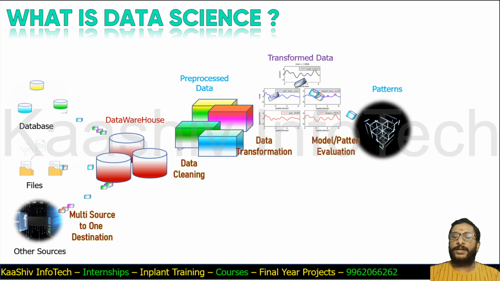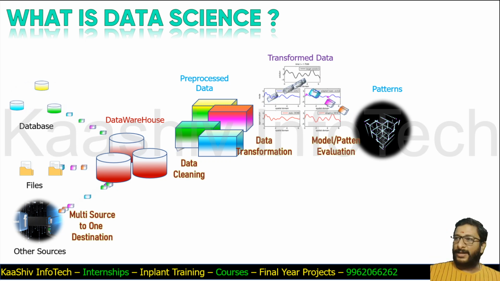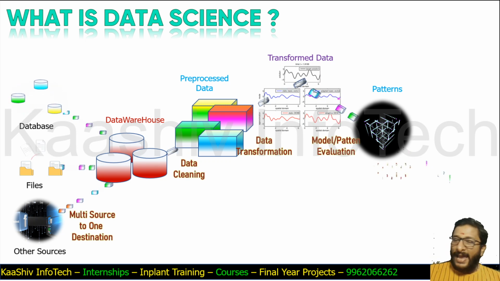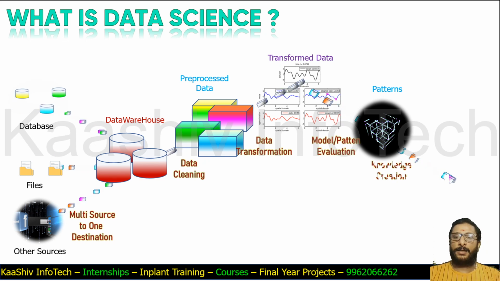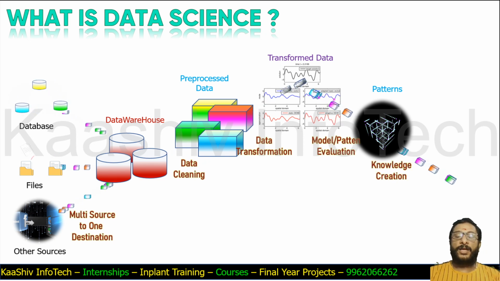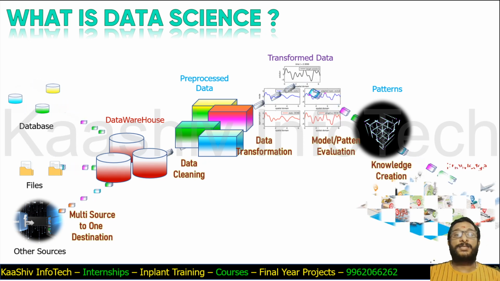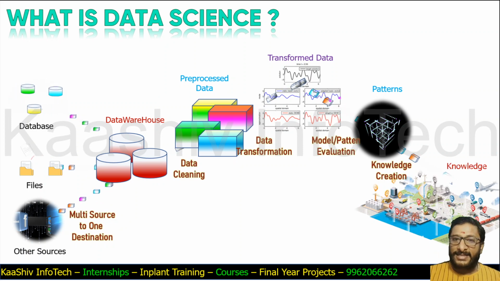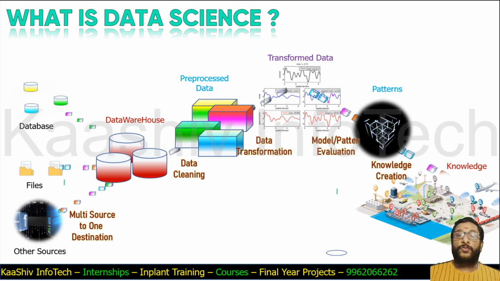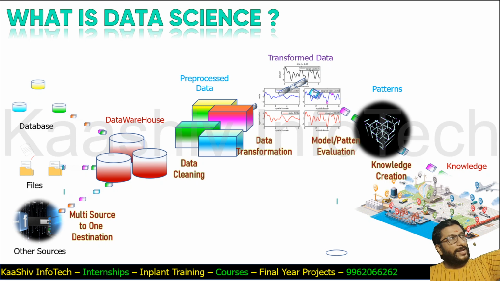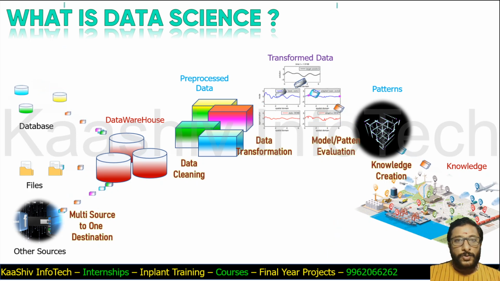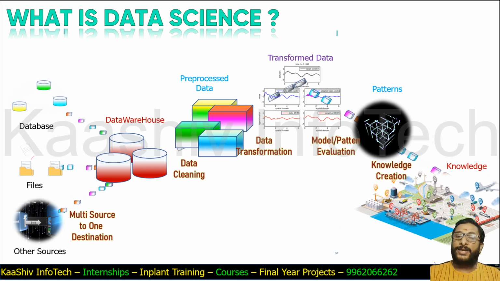From the transformed data I create the patterns. What kind of data do I want, and can I align it to get a specific data? Now I'm trying to get the data, and from there you get the knowledge data. This is how your entire data science process works. We are trying to get some raw data, and from that I'm trying to extract some knowledge. This is how data science works.